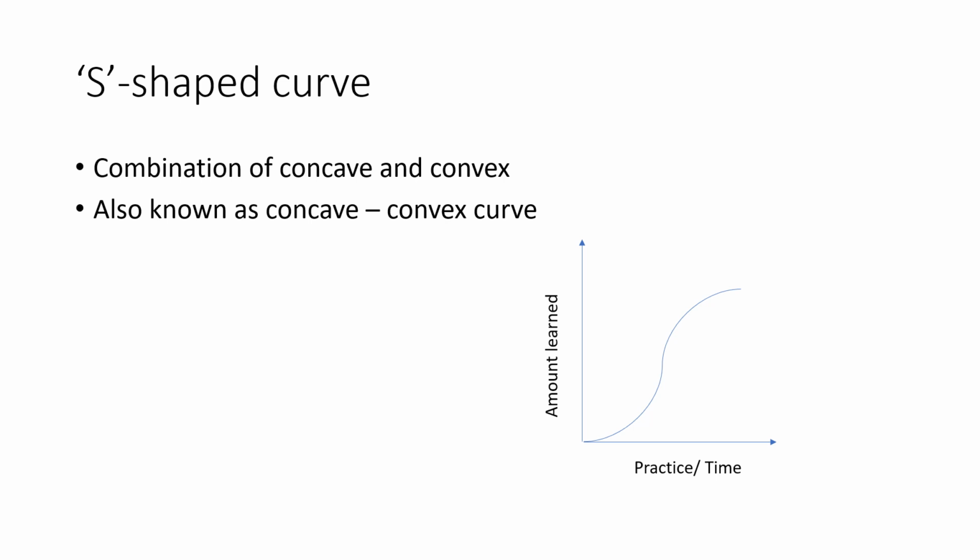Gradually we are attaining mastery. Then there won't be any progress after reaching a level. So if you look at the graph, it's more like the letter S. So this curve is known as the S-shaped curve or concave-convex curve.